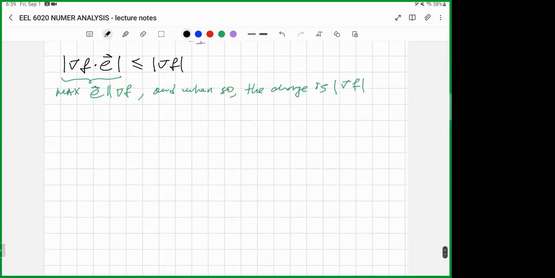And let's discuss the last property of the gradient. It's called the gradient theorem. I put quotes because this is not a standardized term.